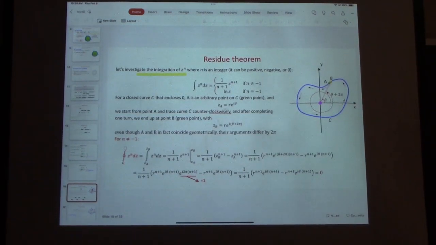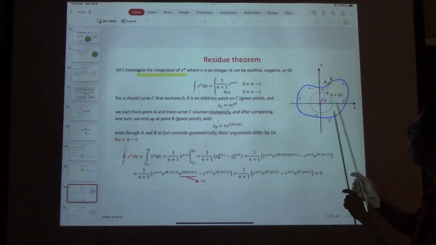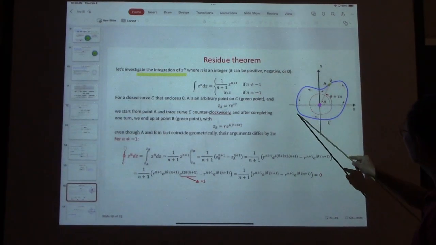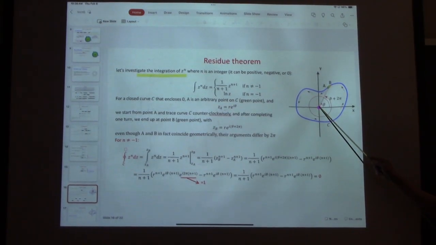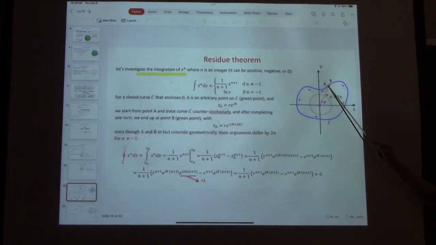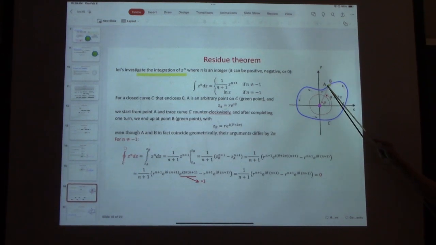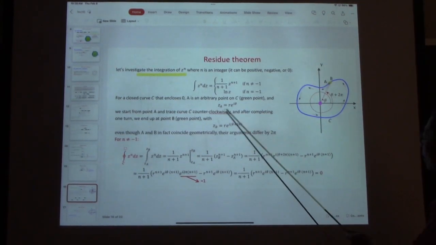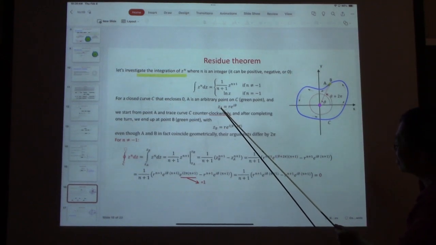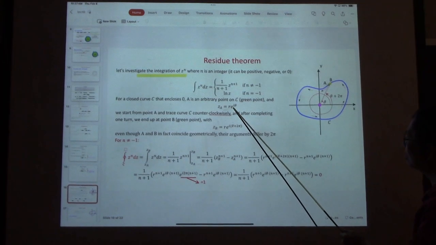Okay, fine. Now let's do something here. If we have a loop that encloses the origin, we start from point A, move all the way around counterclockwise, go to B, and then go back to A. So B approaches A, and we finish one loop. Let's see what happens. In the polar representation, z about A is equal to r times e to the i theta.